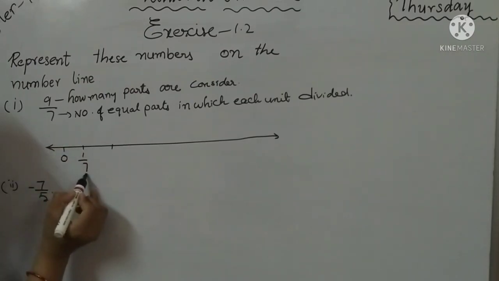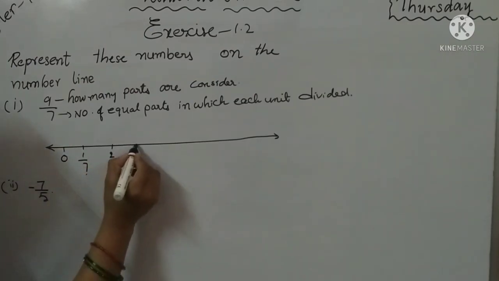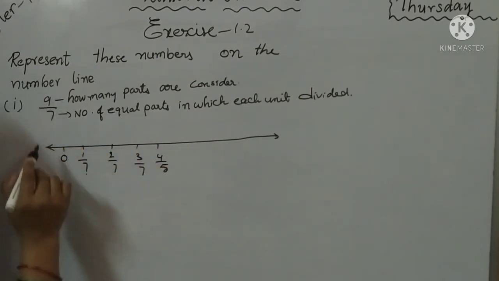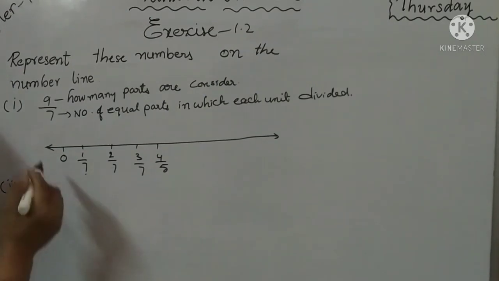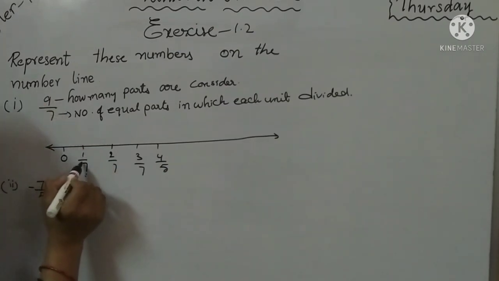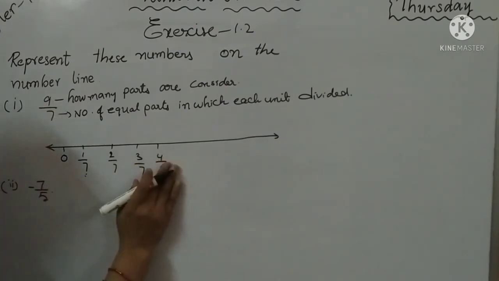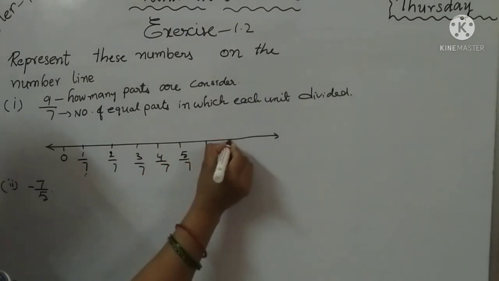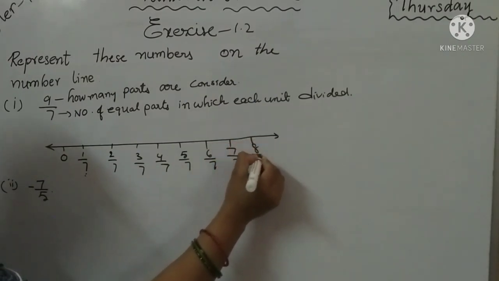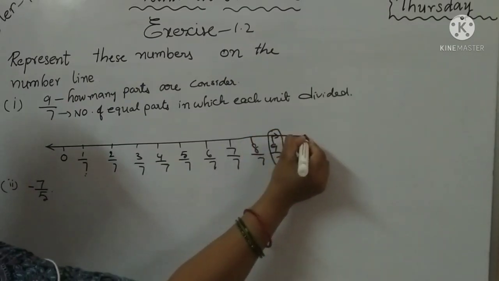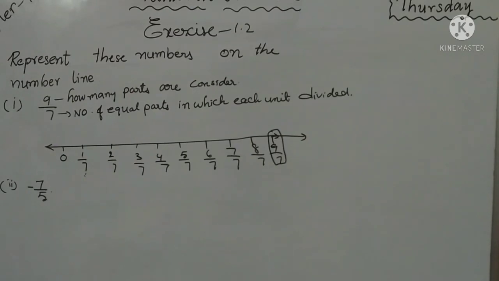So, here 1 by 7, 2 by 7, 3 by 7, 4 by 7. Here 9 by 7: the denominator is 7, and how many parts are considered? 9. So, we write 1 by 7, 2 by 7, 3 by 7, 4 by 7, 5 by 7, 6 by 7, 7 by 7, 8 by 7 and 9 by 7. This is the number line for 9 by 7.